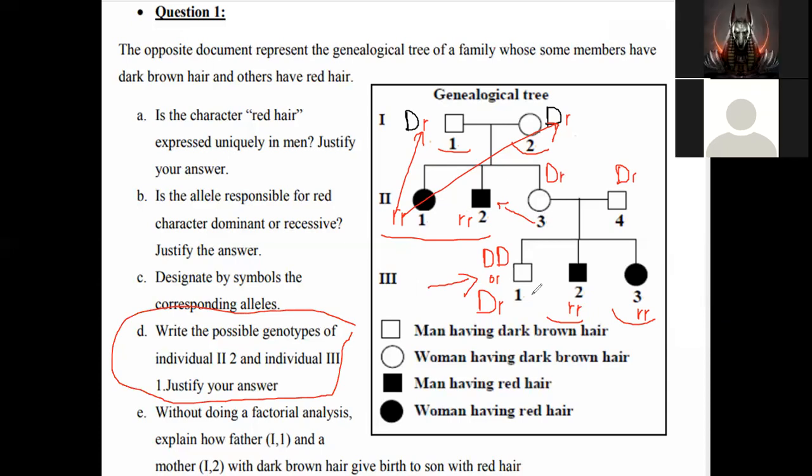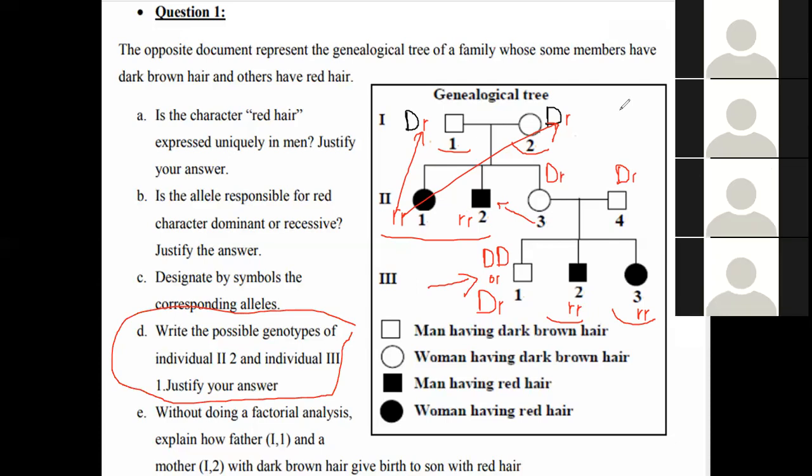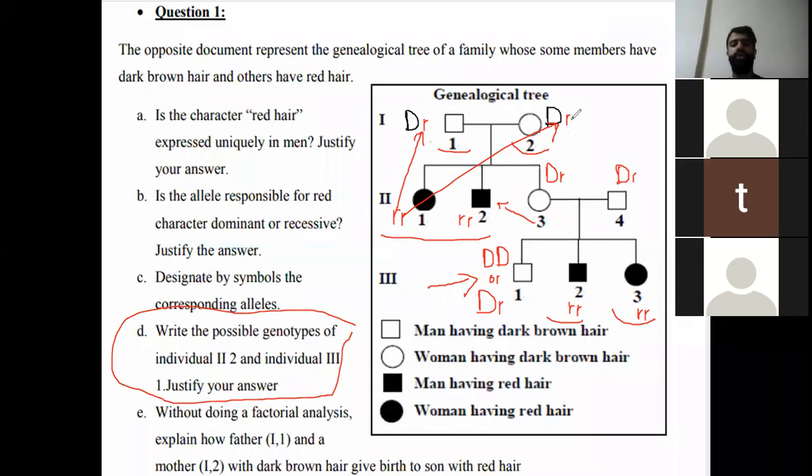Let's move now to Joel. Part E. They said without doing factorial analysis. Explain how father 1-1 and mother 1-2, who have dark brown, gave birth to a son with red hair. Already we explained it.